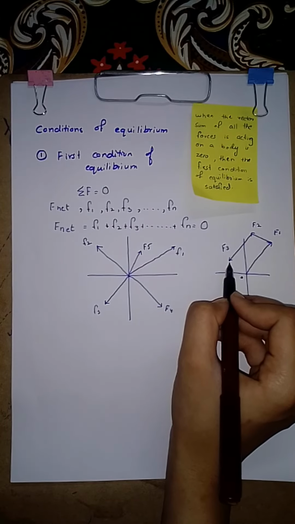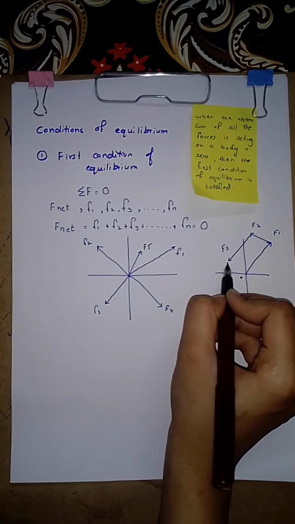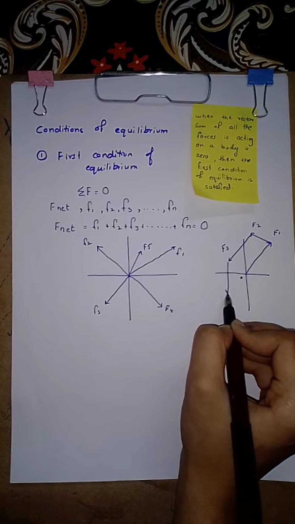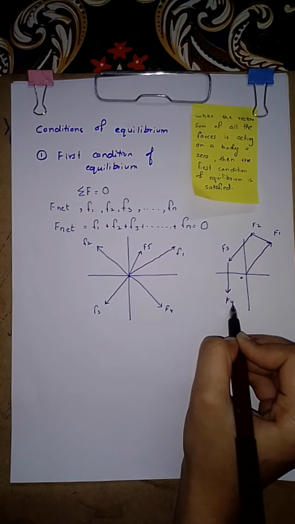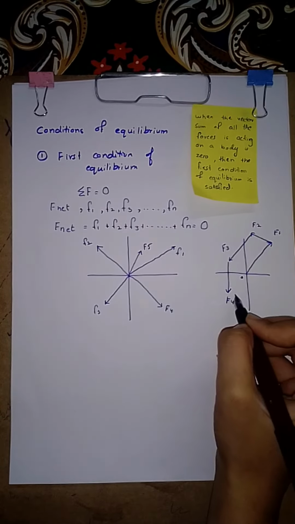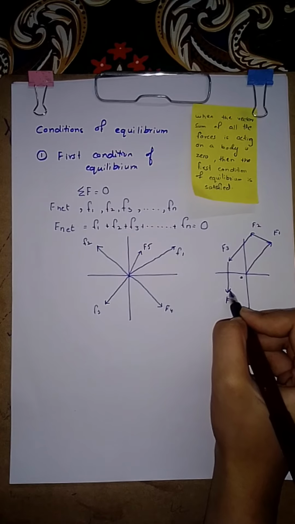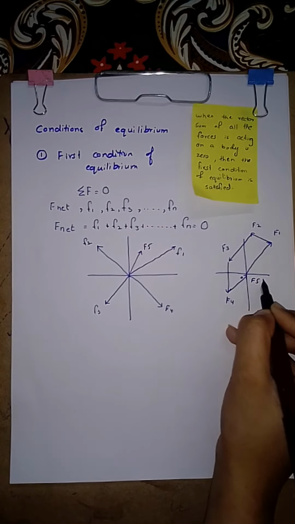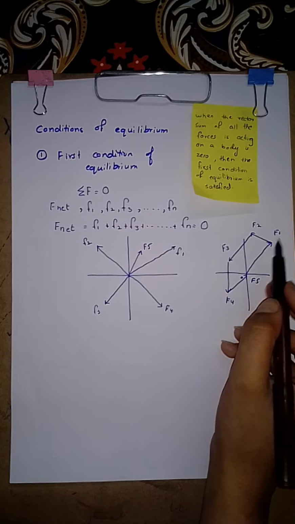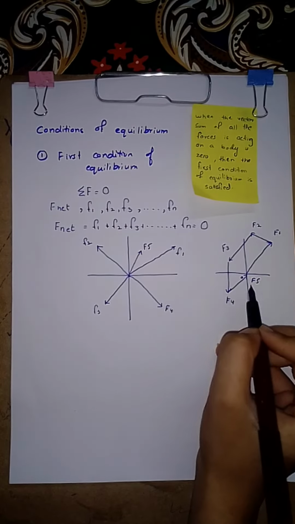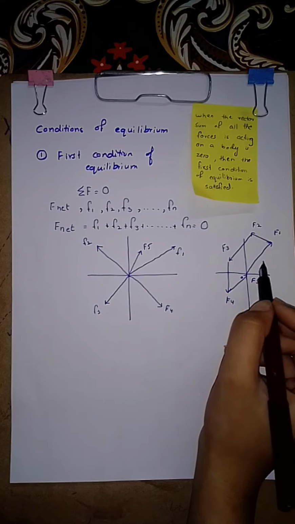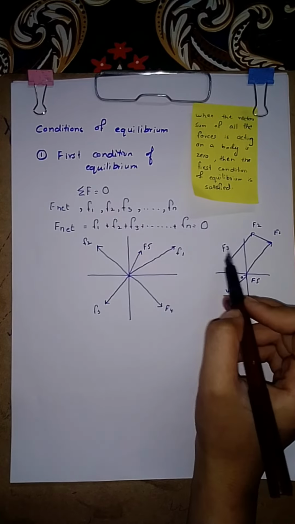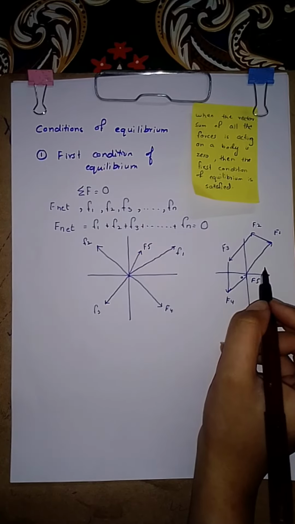So this force is F4 in this way. And then I have to draw F5, and it is F5 in this way. In this way I have drawn all the forces F1, F2, F3, F4, F5.